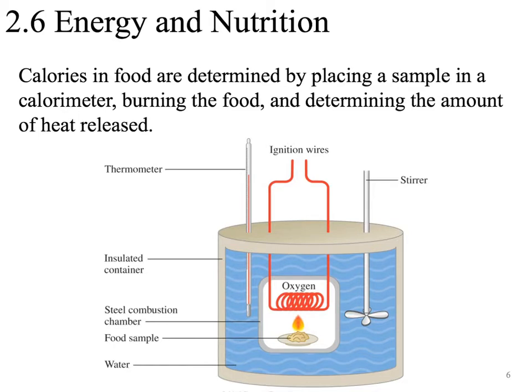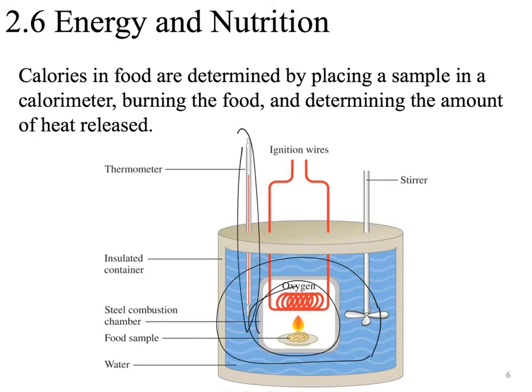These formulas that we just discussed are used in food, energy, and nutrition. Calories of food are determined by placing a sample in a calorimeter like this. The sample is burned, the heat is emitted, and the water changes its temperature.